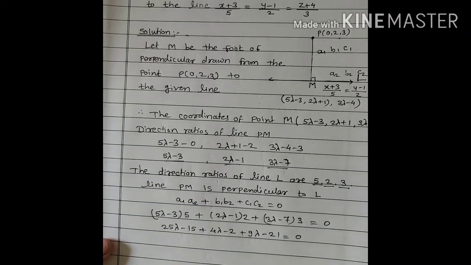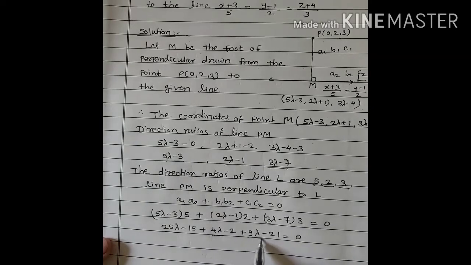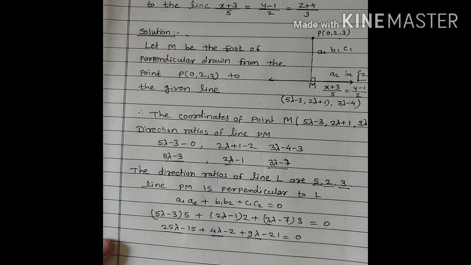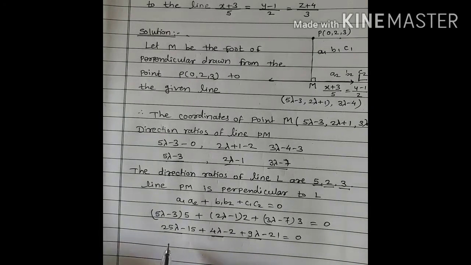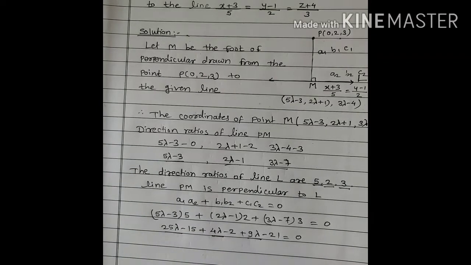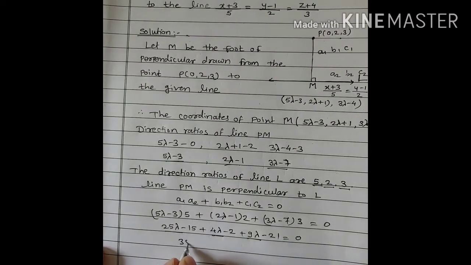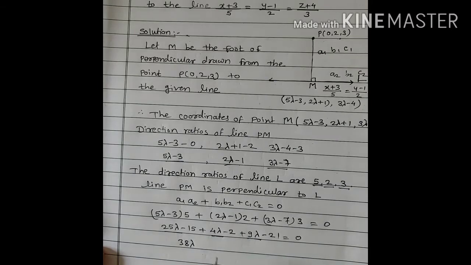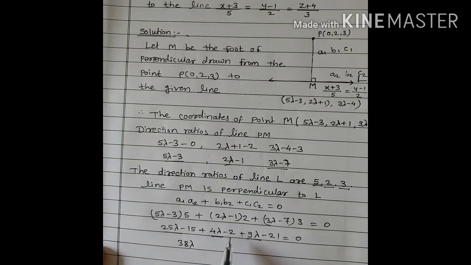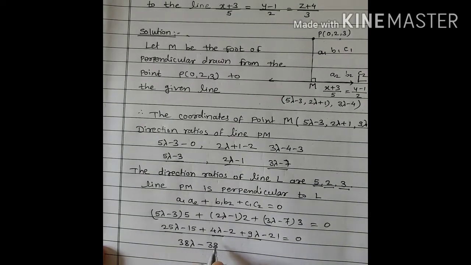Check total values for scalar lambda. 25 lambda plus 4 lambda plus 9 lambda. Yes, total is obtained 38 lambda, and constant minus 15 minus 2 minus 21, that is minus of 38, it is equal to 0.